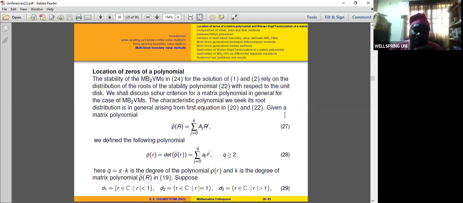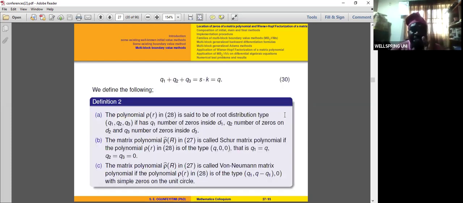Then when absolute of R is greater than 1, we have roots outside the boundary. This condition is what will make us give some definitions. Q1, Q2, Q3 form Q. That is to say, when you add your Q1, Q2, Q3 together, it forms that Q. Then we are at liberty to give the following definitions.